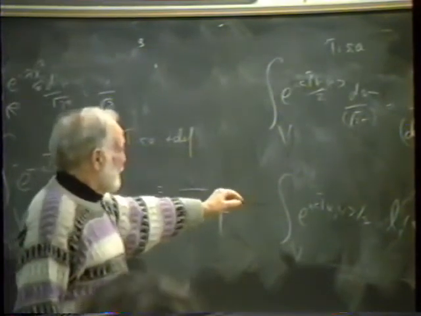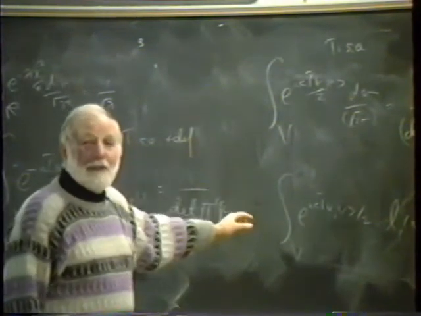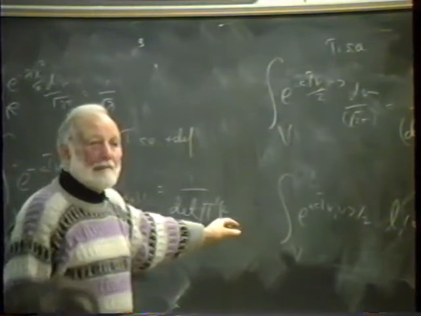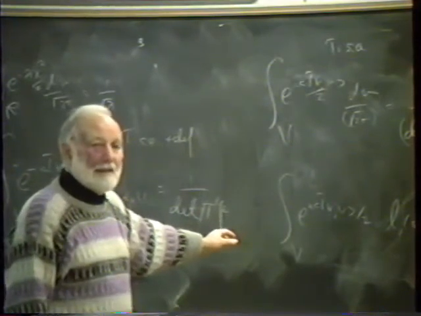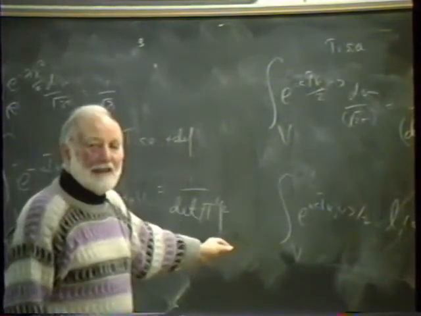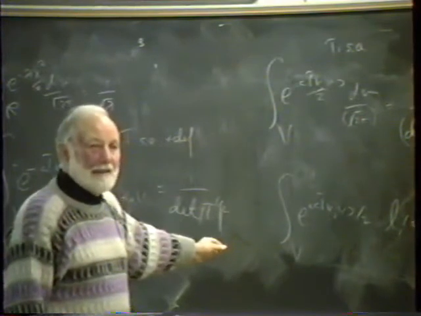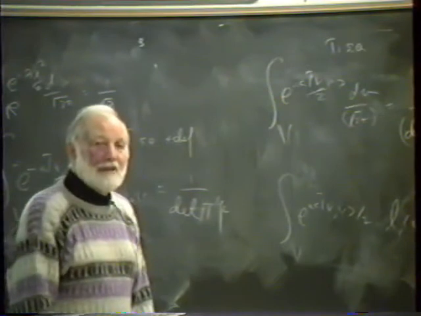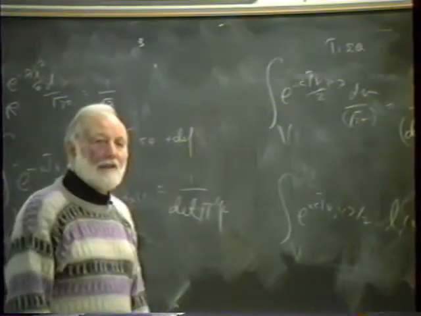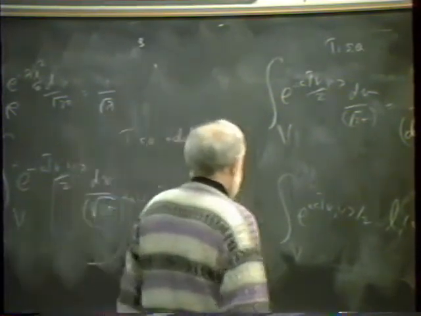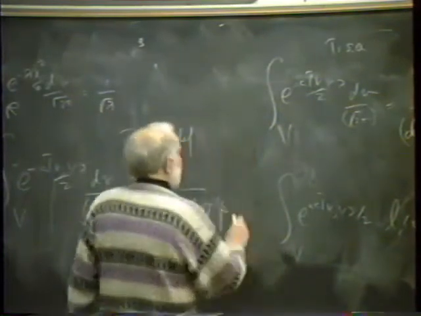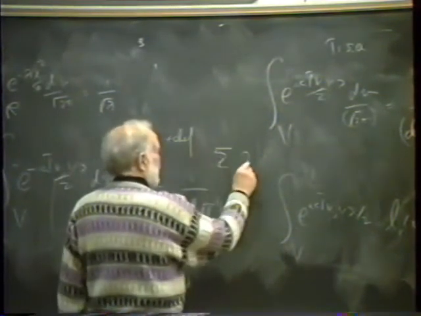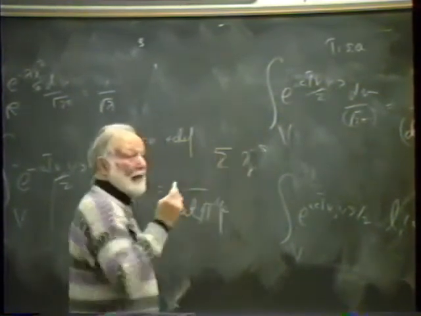signature and determinant, we know what they mean. There are ways of regulating the determinant. The signature is the eta invariant for this operator. And we also know what dimension means. Dimension is the value of the zeta function at the origin, because the zeta function of an operator means the summation of lambda j to the minus s.